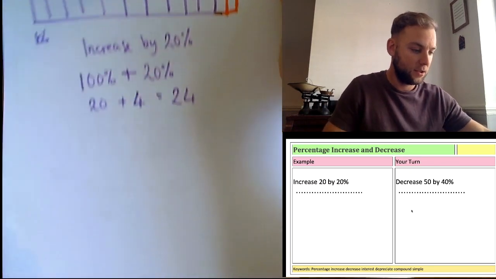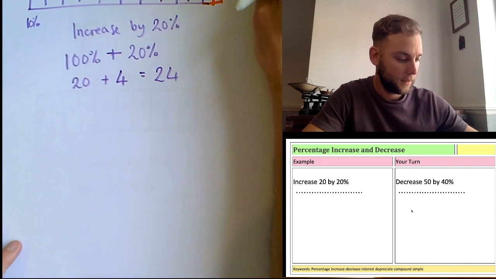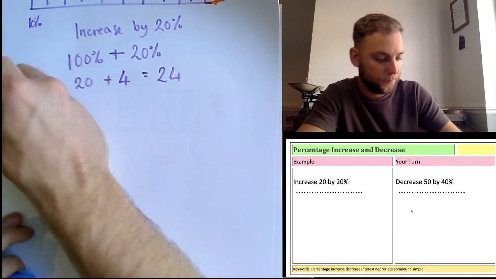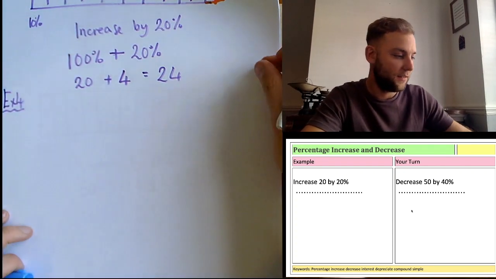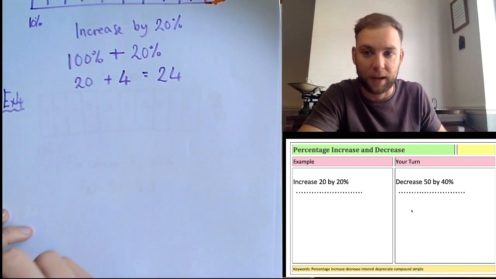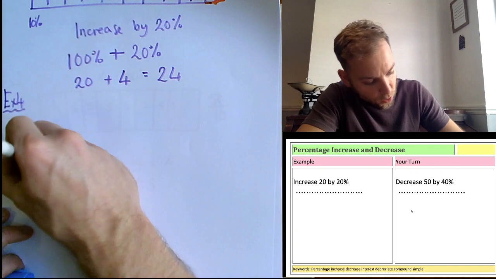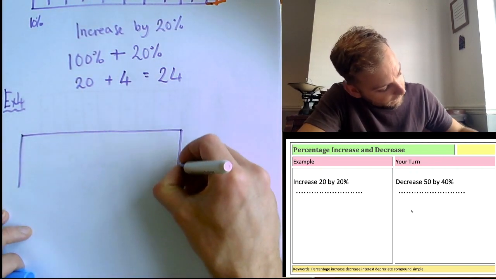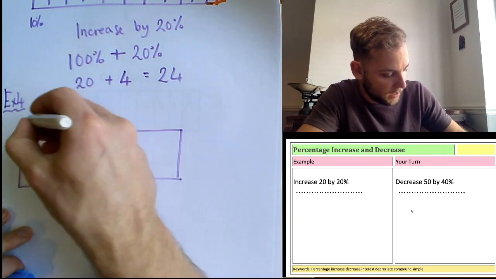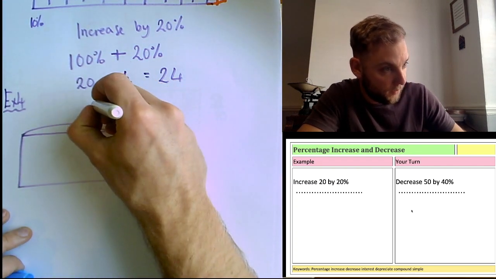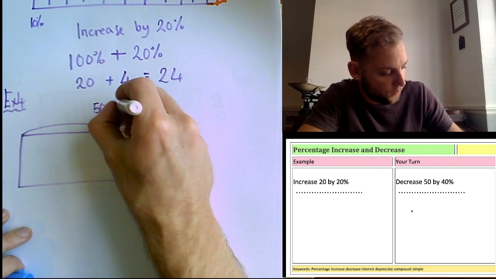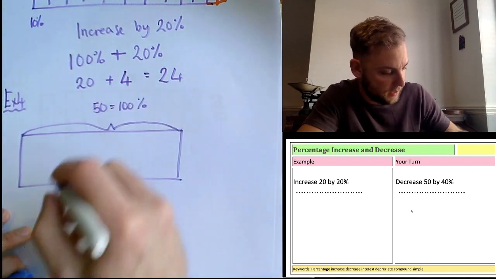Example 4. Not much harder again. Now this time it says decrease 50 by 40%. So let's draw out my bar, like so. I know that my bar here is worth 50, and that's worth the full amount, which is 100%.